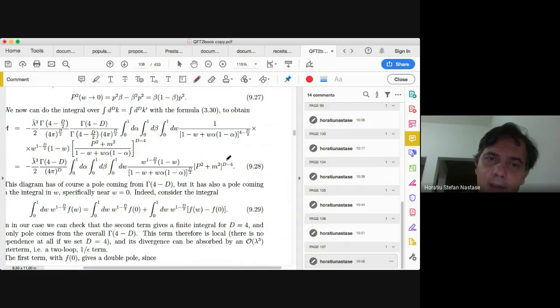So this is a lower divergence. The divergence of highest power in epsilon is the one which is this one over epsilon, times the one coming from w equal to 0.